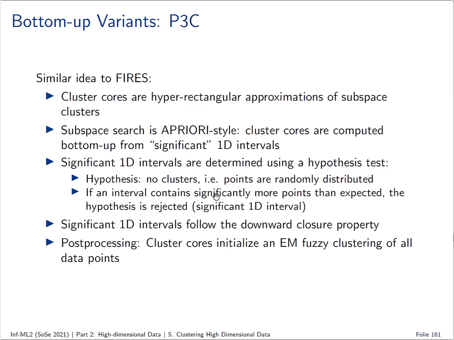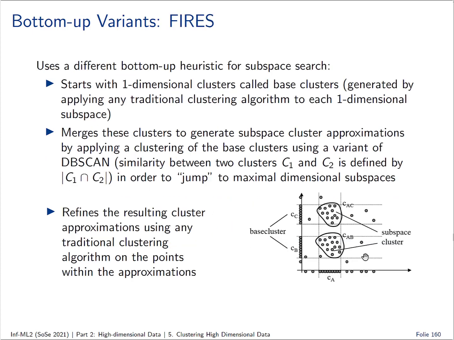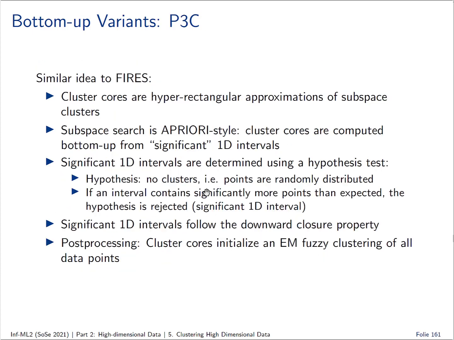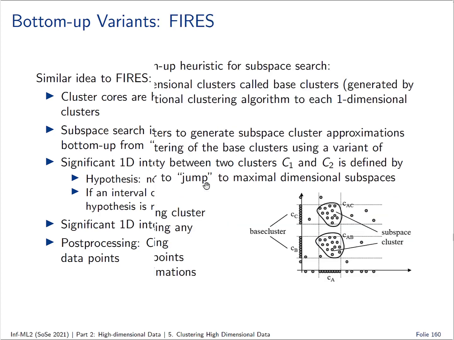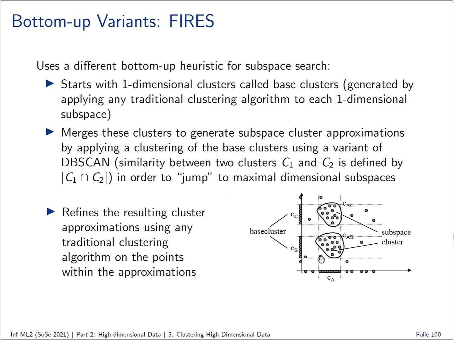And the same as in FIRES, we get those rectangular approximations, higher dimensional rectangular approximations, meaning that we may have a large volume in these rectangular approximations, and that there may be some noise points like here. So this one here is a noise point, but it is reported as part of the merging of these two clusters here.